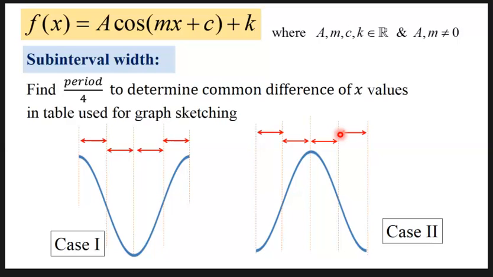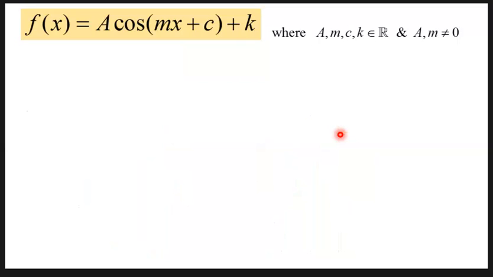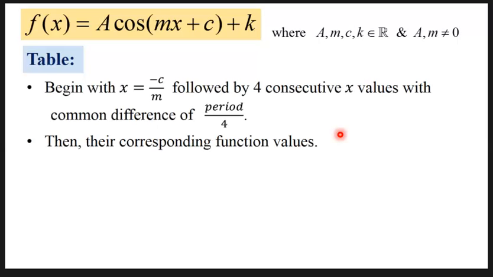Next, we go for the table. In the table, we construct two columns labeled x and f(x), where the x column begins with the phase shift value we found just now, followed by 4 consecutive x values with a common difference of the period divided by 4.